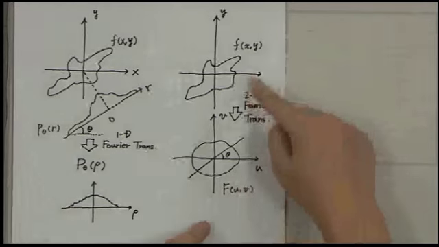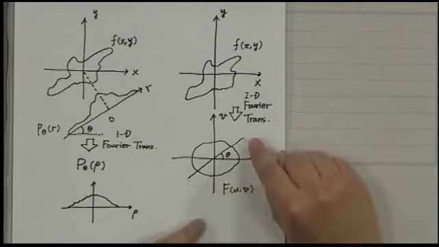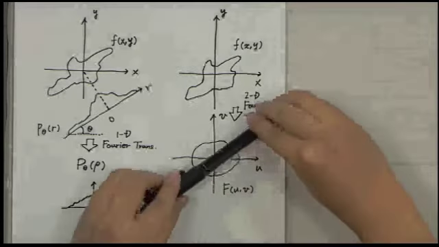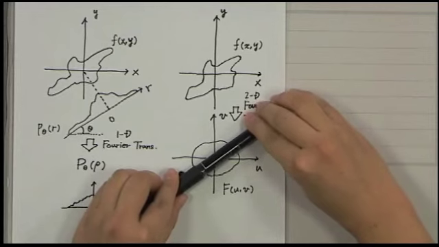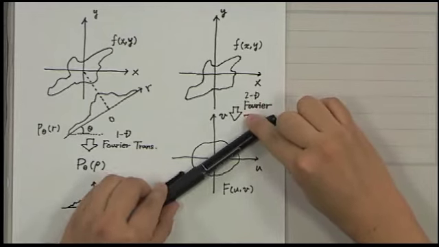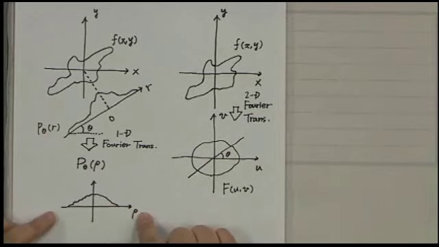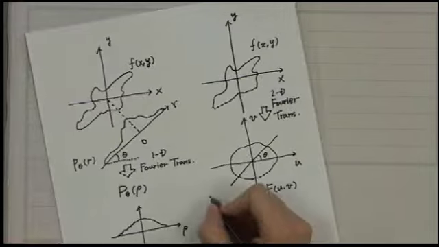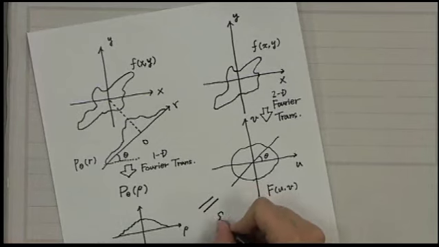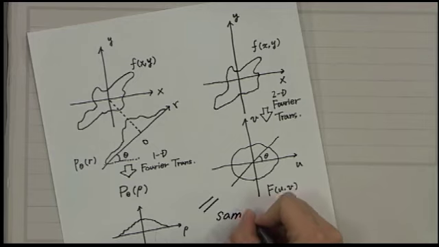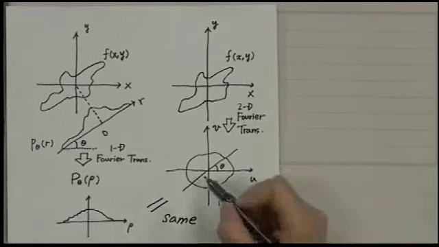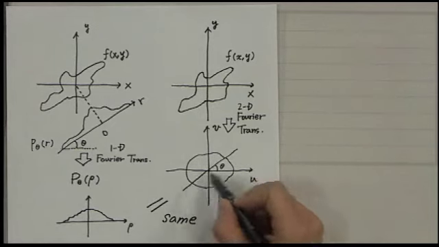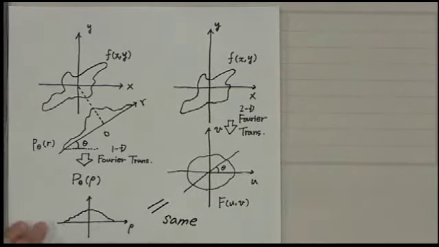So if we get F U V and draw a line with angle theta, the values on this line are exactly the same as the Fourier transform of the projection. This is a little bit mysterious, but it is. These values on this line exactly match these values.